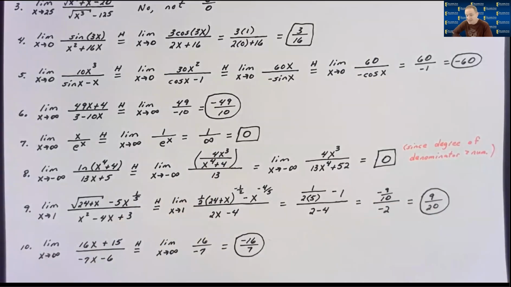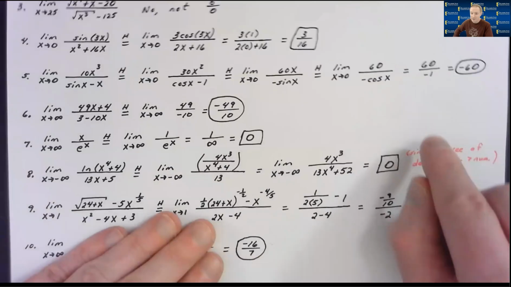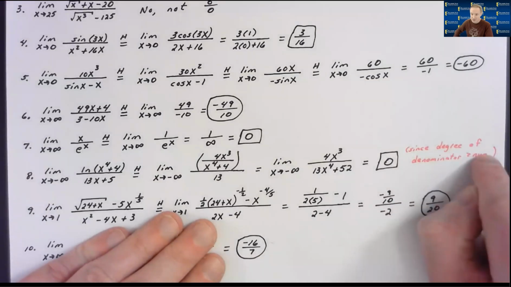Now, as soon as I see a polynomial divided by a polynomial, I know that every single time, if I have a limit going off to infinity and the degree of the denominator is greater than the numerator, then that fraction goes off towards 0. And I don't need to worry about whether it's positive or negative. The limiting value is 0, so sign is irrelevant.